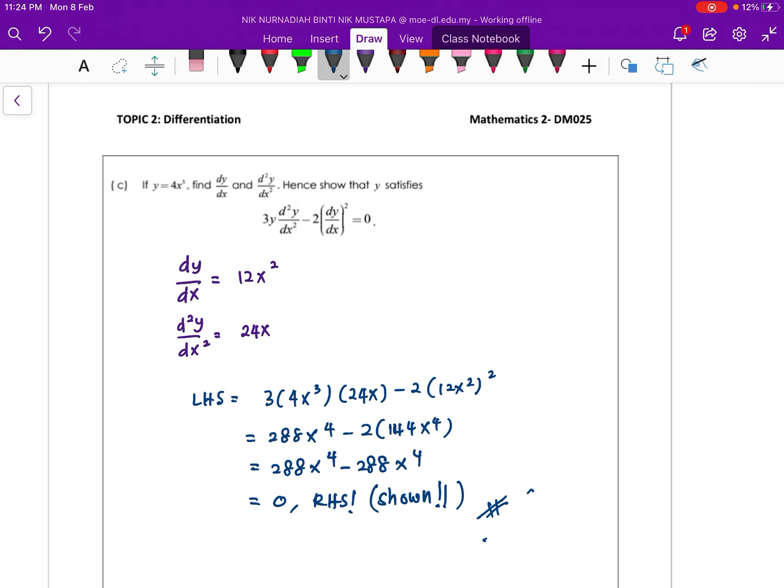I think for your syllabus until d2y over dx square only, and then sub whatever things that you get from first differentiate and then second differentiate into the equation that's given by the questions. Okay, so if you manage to get the right first differentiate and the second differentiate, I think you should get equal to 0. Whatever equation here equal to 0. Alright, that's all. Thank you.